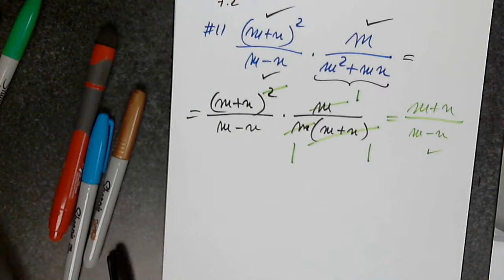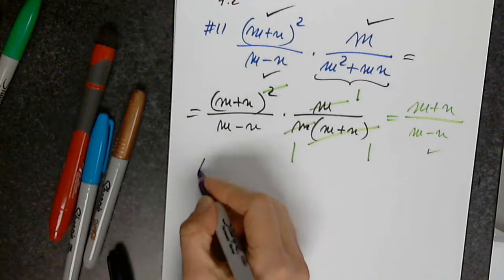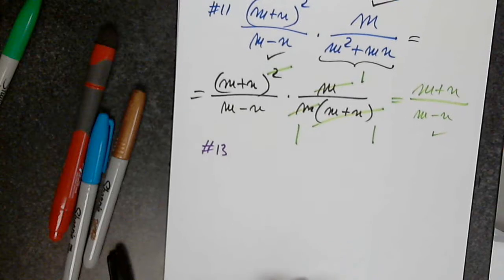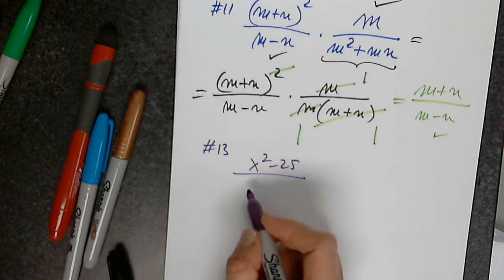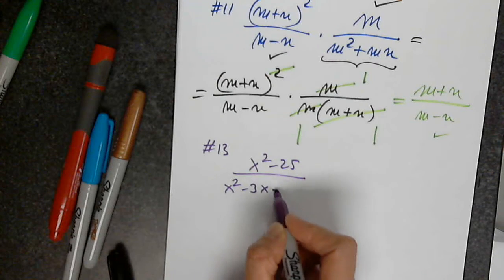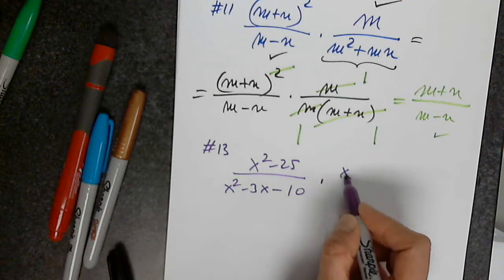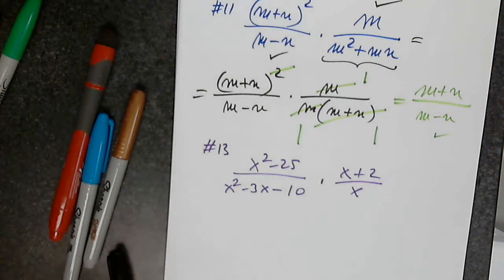Next problem. 13. Same page? Yes. Okay. So for 13, we have x squared minus 25 divided by x squared minus 3x minus 10, times x plus 2 divided by x. I need to completely factor everything.